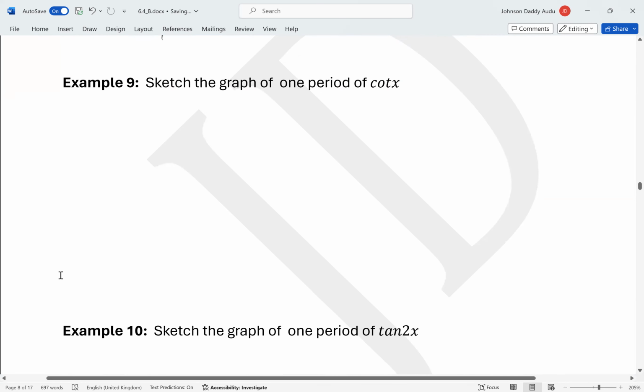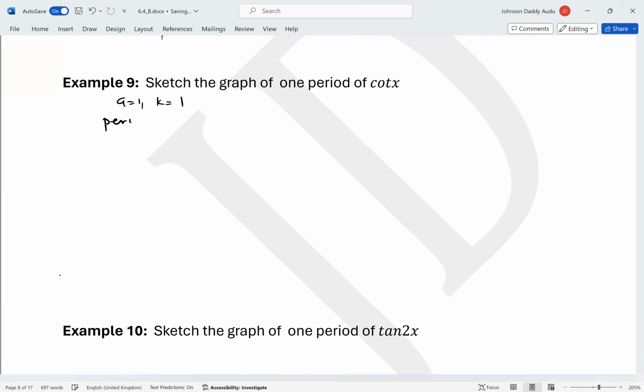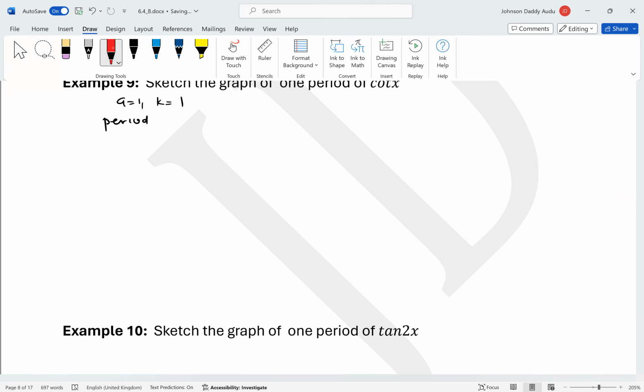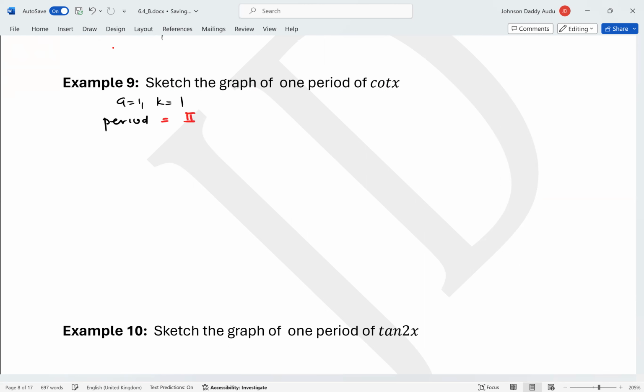Okay. So if you want to sketch the graph of cotan, how do we do it? The same way. What is k? k is 1, a is 1, k is 1, right? So it means that the period is still pi over k, which is pi over 1, which is pi.